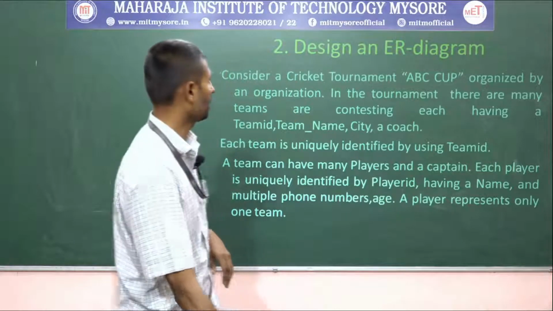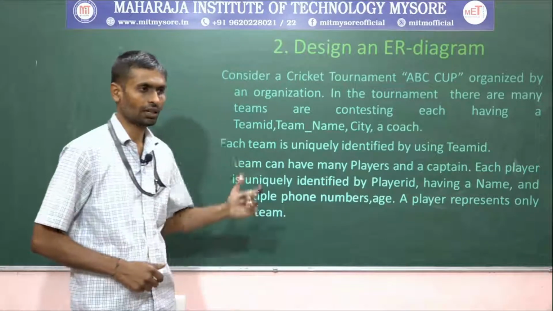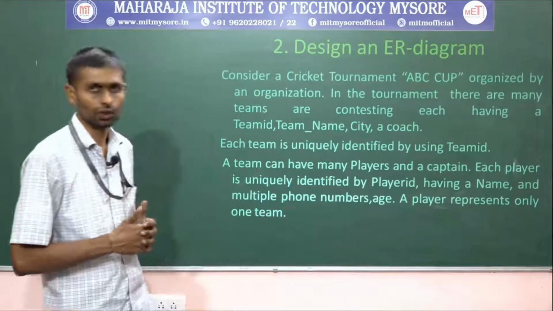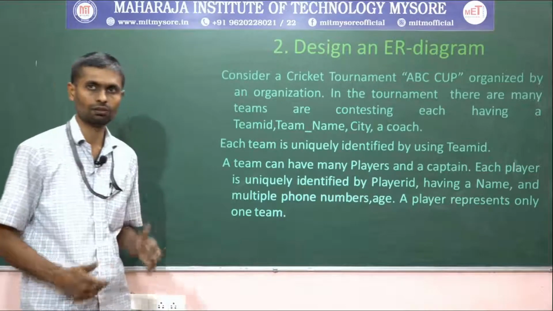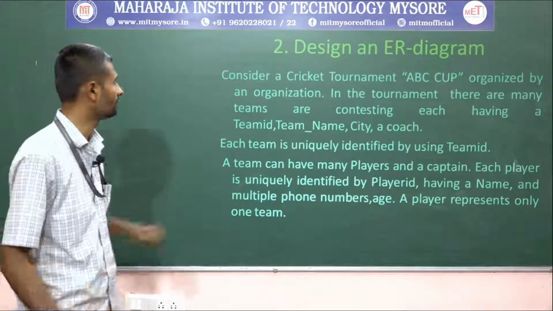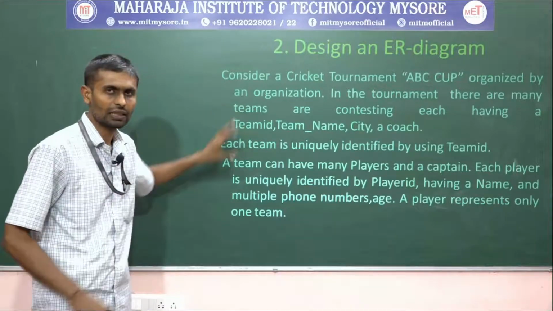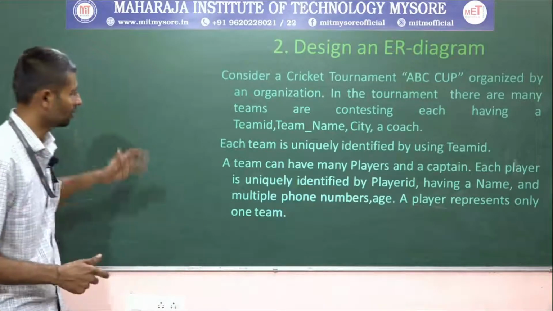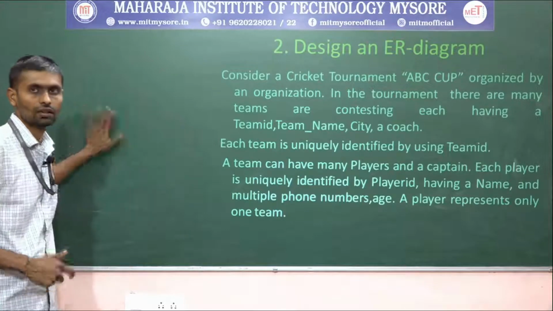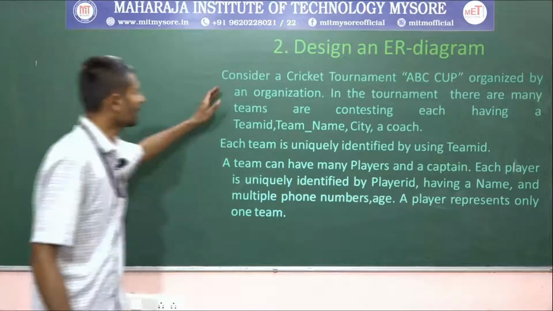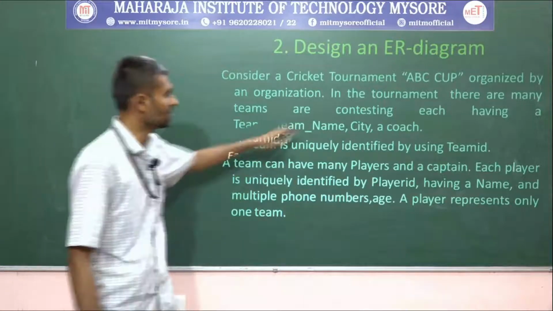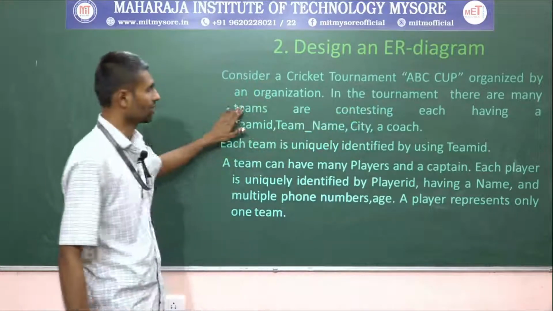We'll take up each line one by one and convert it into an ER diagram with the help of the ER notations. We'll read each statement and side by side construct the ER model here, right. So consider a cricket tournament, ABC Cup, organized by an organization.